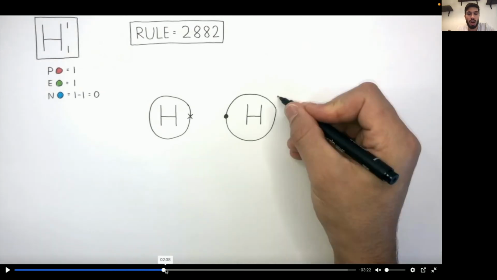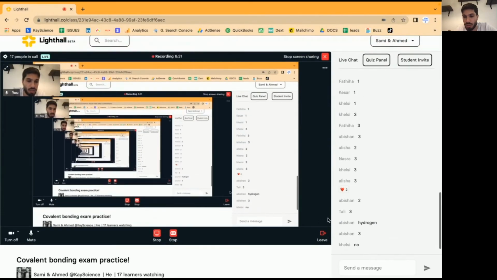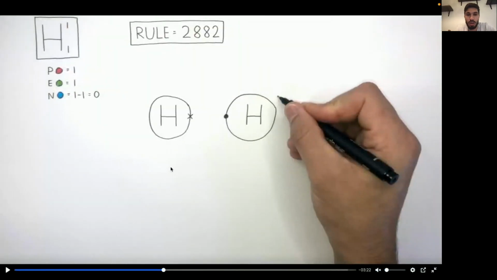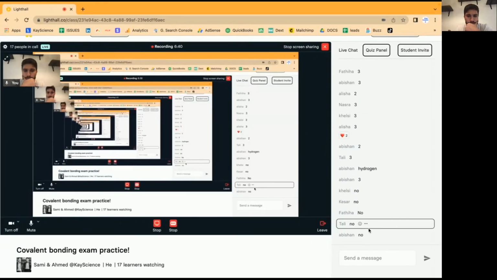Now, these 2 hydrogen atoms both have 1 electron in their outer shell. The question is, in the chat section, are these atoms stable, yes or no, when they have 1 electron in their outer shell? No. Well done, Kelsey. Well done, Kasai. Well done, Fatah. The answer is no. Does anybody know why? Can you tell me why in the chat section? Why are they not stable?